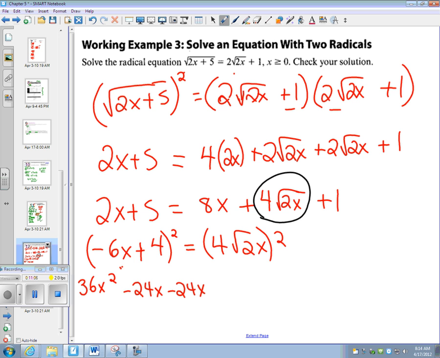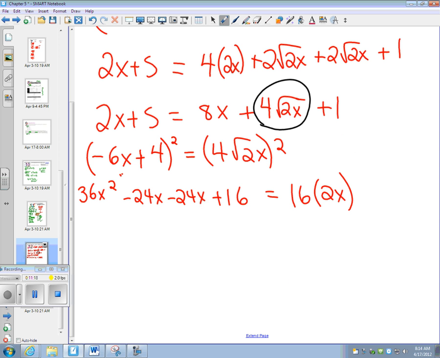And then the last term is going to be 16. On this side, when I square this, 4 squared is 16, and the radical squared is just the radicand. Okay, so now I have some simplifying to do here. I have 36x squared minus 48x plus 16 is equal to 32x.